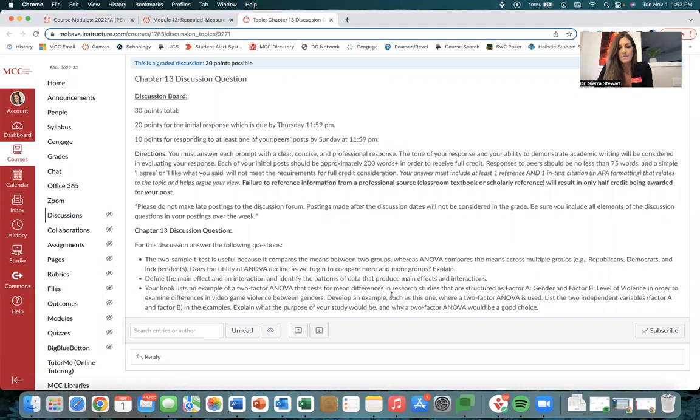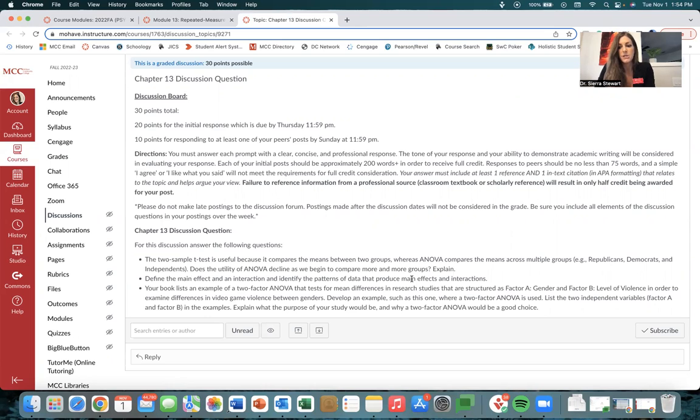It tests the mean differences for factor A, which is gender, so males versus females. Then factor B is level of violence, with video game violence. Remember, you're looking at levels of violence in terms of the different genders, so you're comparing the violence across the different genders. You're going to develop an example such as this one, where a two-factor ANOVA would be used.